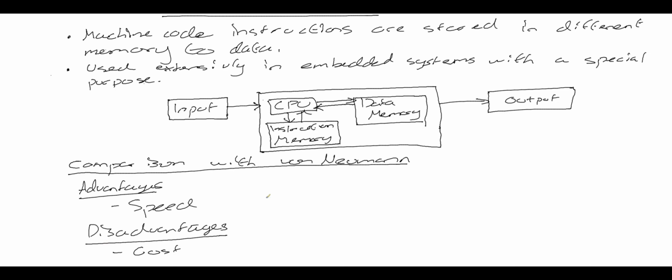And the other primary disadvantage is its complexity to actually implement. We've got more electronics, as previously mentioned, and therefore it's going to be more complex to implement a Harvard architecture than a von Neumann architecture.